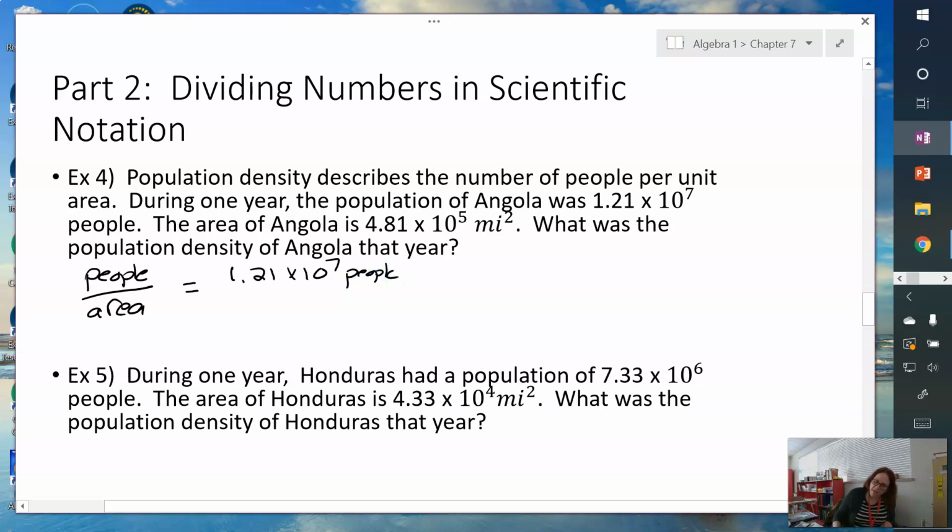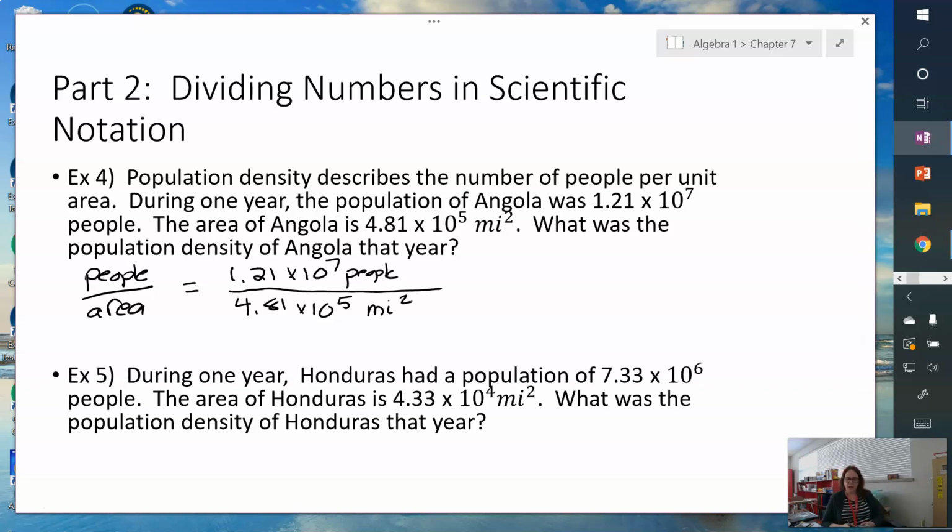The area of Angola is 4.81 times 10 to the 5 miles squared. That MI means miles, and then when I put that little 2 up there, that's miles squared. Sometimes people might say that as square miles.